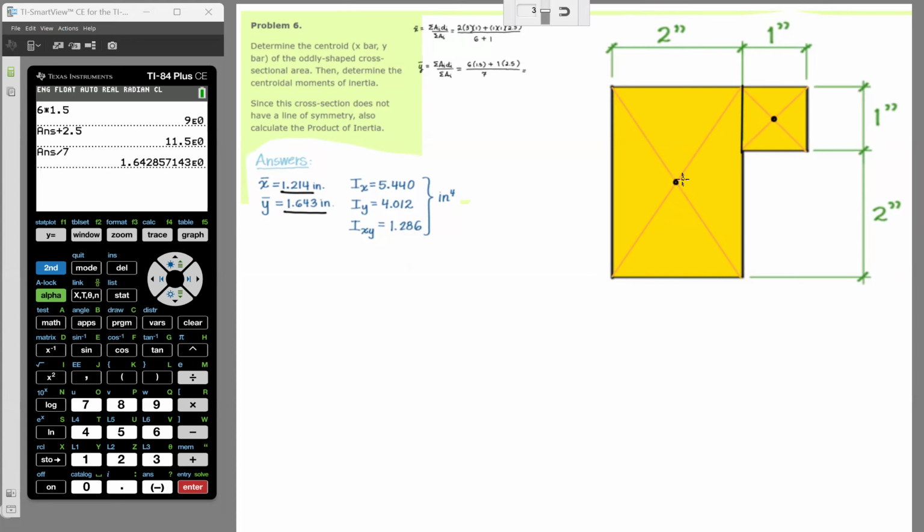All right, X bar is 1.2. Let's try to draw this one to scale. There's 1, so 1.2 is something like that.